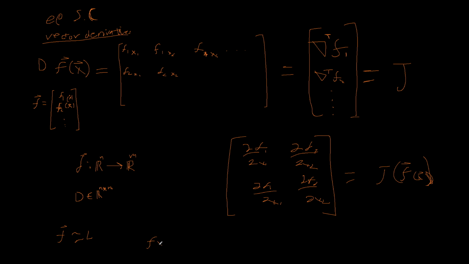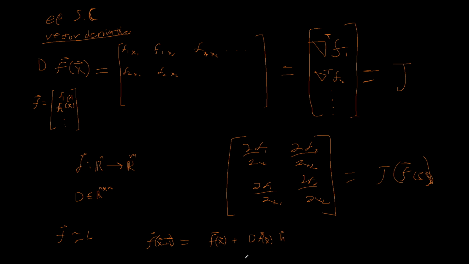Well, this linear approximation is going to be f of x plus h, some h vector, is equal to f of x, as we know, right? Plus the total derivative of f at x times h.